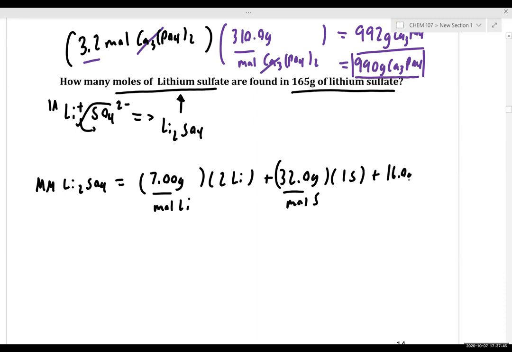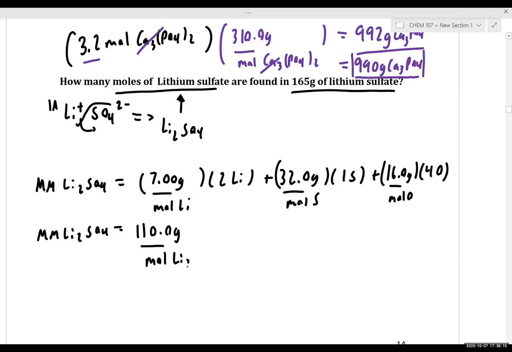And we have 16.0 gram per mole of oxygen, and we have 4 oxygen atoms. That gives us, for our molar mass of lithium sulfate, 7 times 2 plus 32 plus 16 times 4. That in turn gives us a molar mass of 110.0 gram per mole of lithium sulfate.